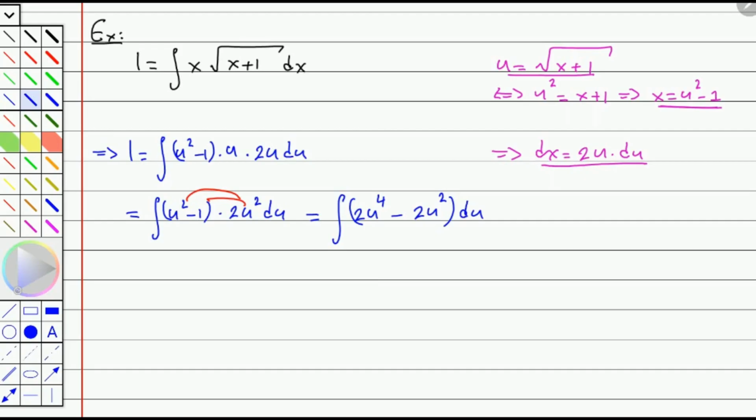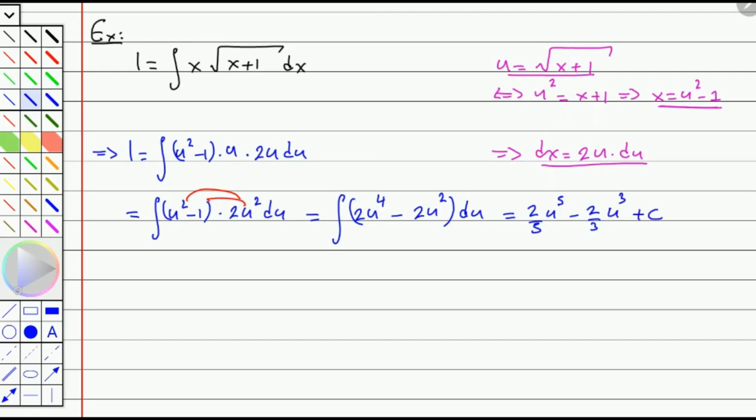And this is once again a basic integral. We have made this complicated one into this simple one. And now we are ready to integrate. Equals 2/5 u to the 5th minus 2/3 u to the third plus c.